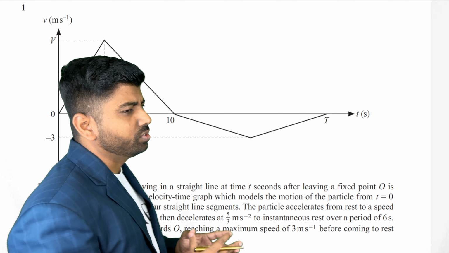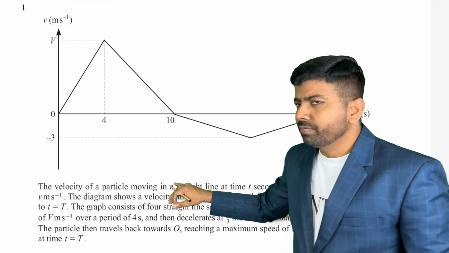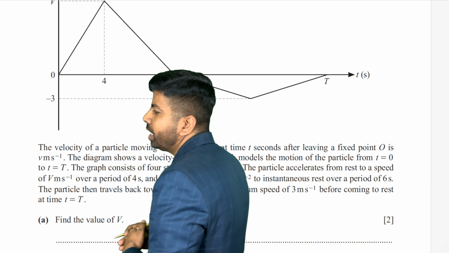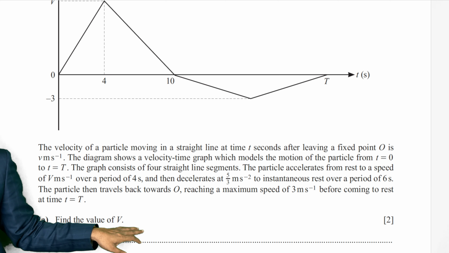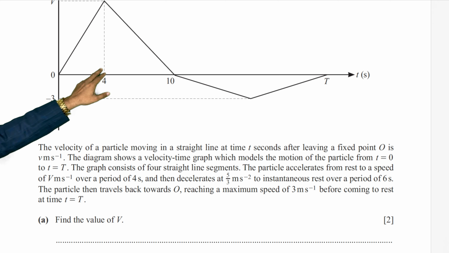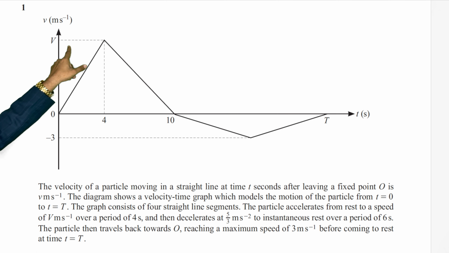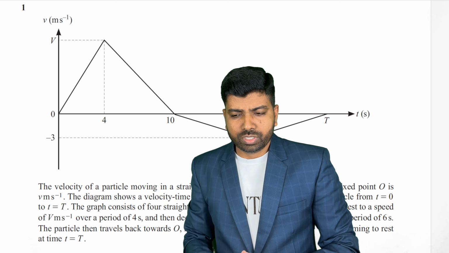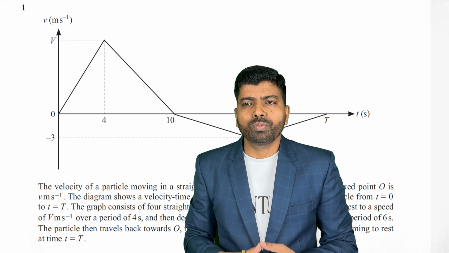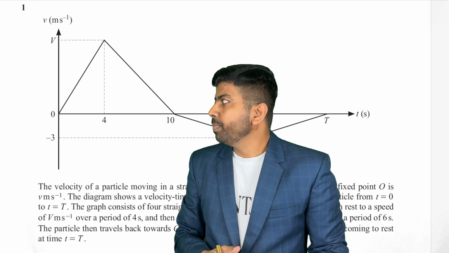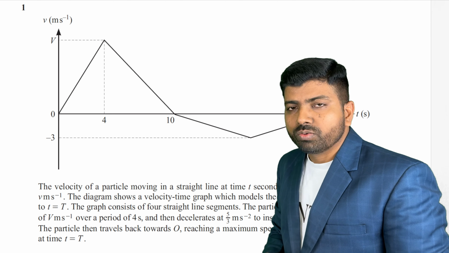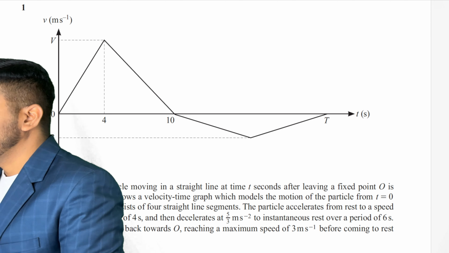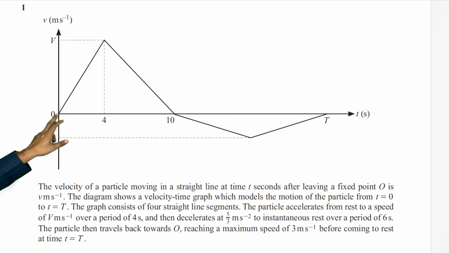Now let us see what exactly it is asking first. So first, what we have to find out is the velocity v. To find the velocity v, we can use Newton's first equation of motion, which is v is equal to u plus at. Here we can take the initial velocity and the final velocity.